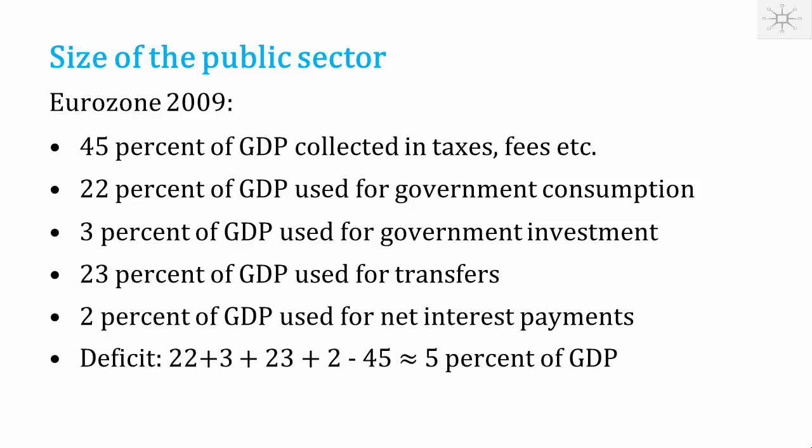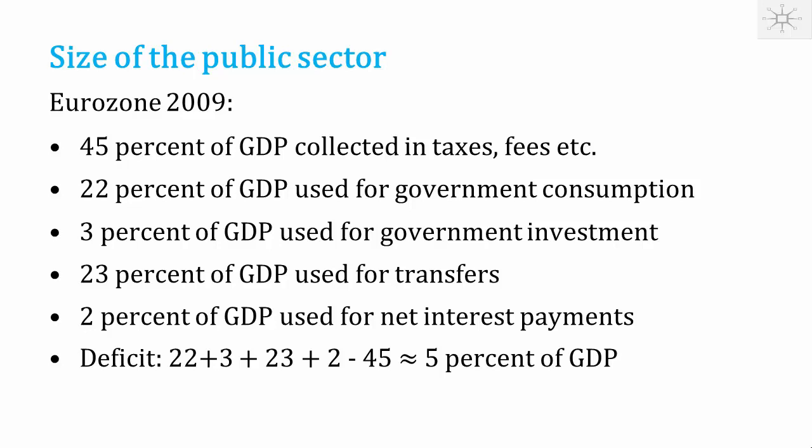And there we see that in the Eurozone in 2009, 45% of GDP was collected in taxes and other income of the state, mainly taxes. And then if you look at how the government was spending, then 22% of GDP was used for government consumption.